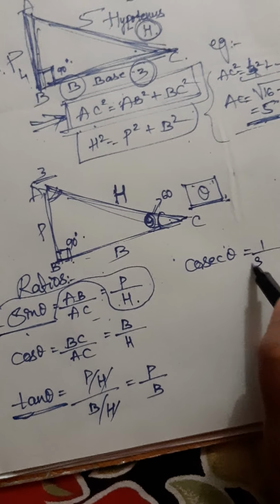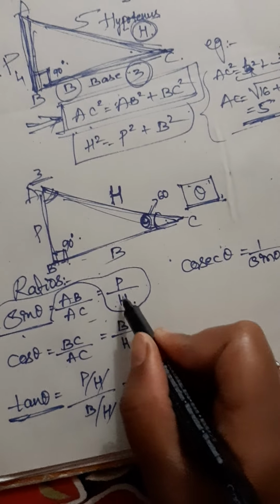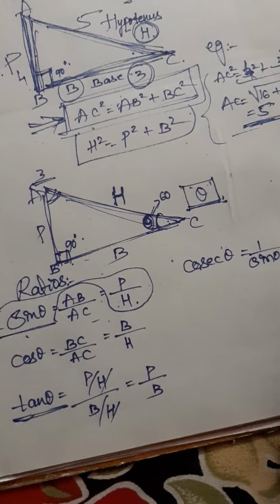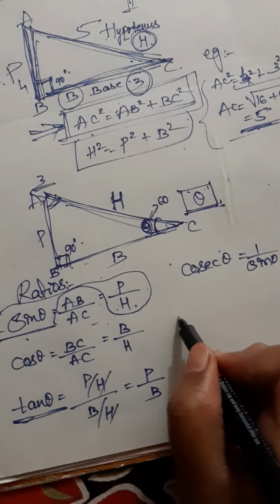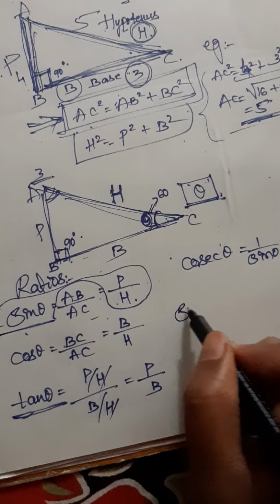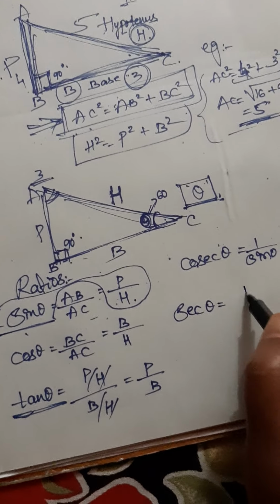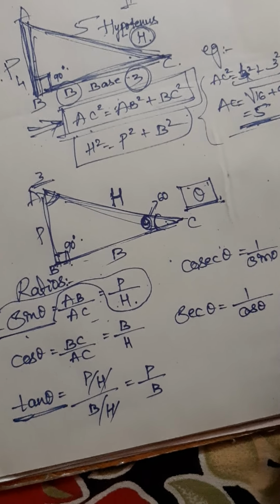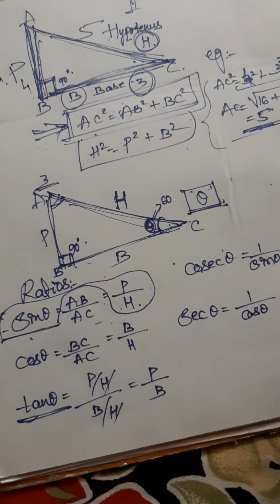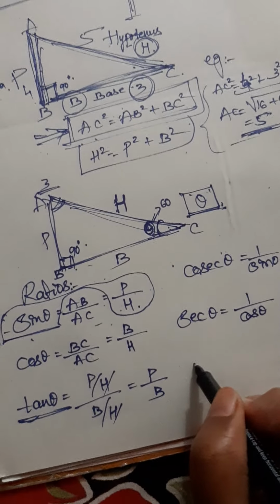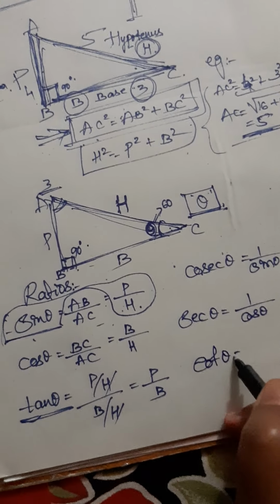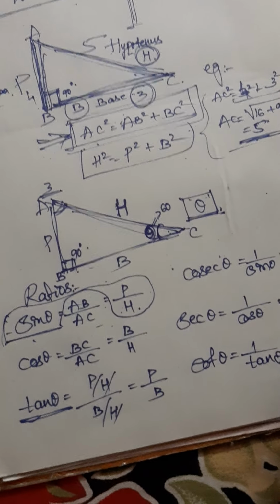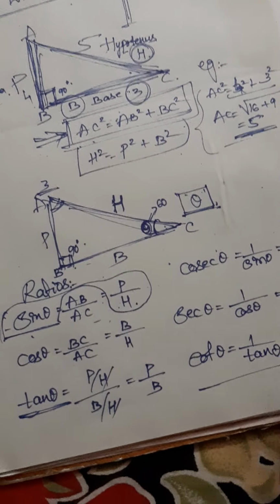Reciprocal of sin theta means 1 by sin theta, that is 1 by P by H, which means H by P. Again, sec theta is the reciprocal of cos theta, so 1 by B by H is H by B. Here we also have cot theta, which is the reciprocal of tan theta, that is B by P. I hope you all understand.